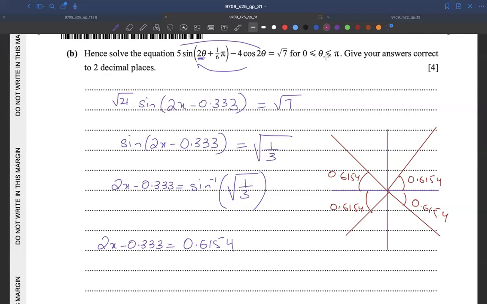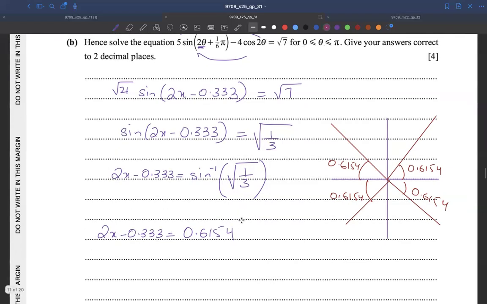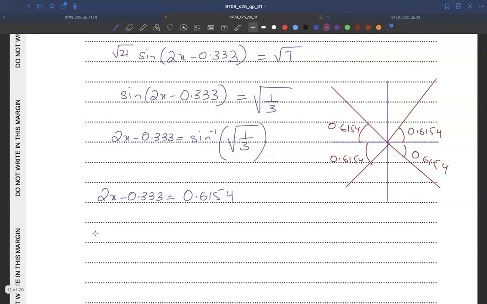But as the limit of theta is only between 0 and pi, we can just use these four values. So we'll get 2x equals 0.6154 plus 0.333, and then we divide by 2. That gives 0.474, and to three significant figures, this answer will be 0.474 only.